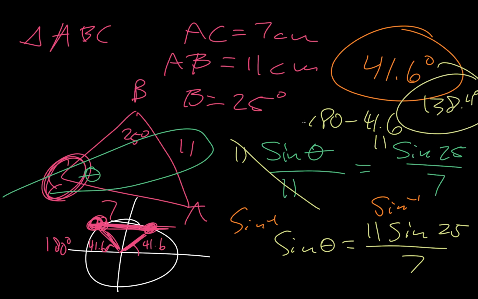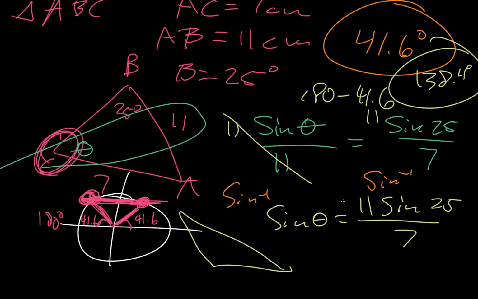And so just because I drew my diagram to have an acute angle for theta, we actually could have had a diagram, we could have had an obtuse angle that met the same criteria. And so if it's an acute angle, then we know it's the 41.6. If it's an obtuse angle, then it would be 138.4.